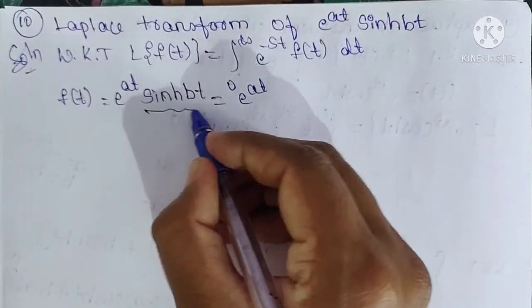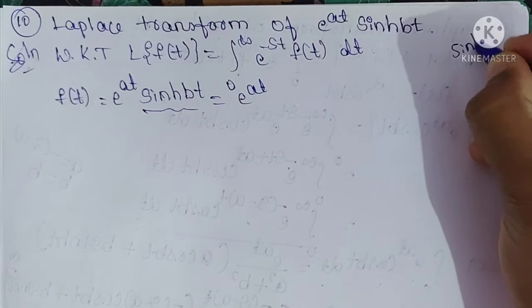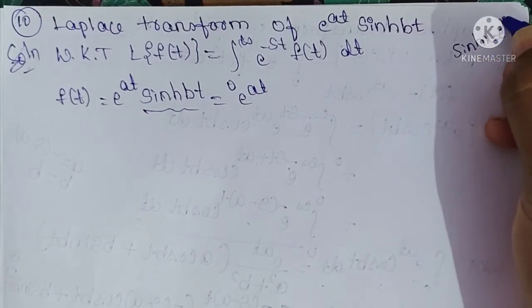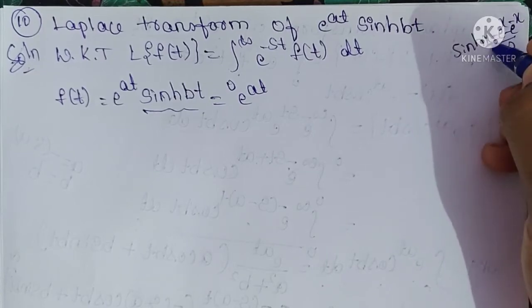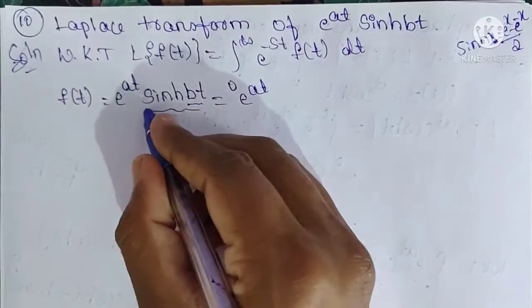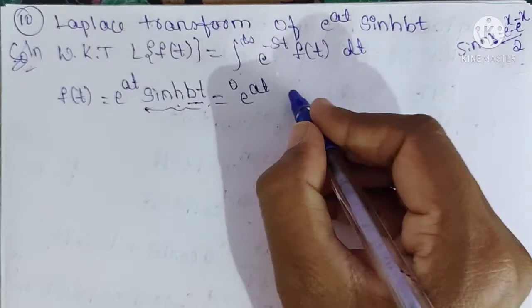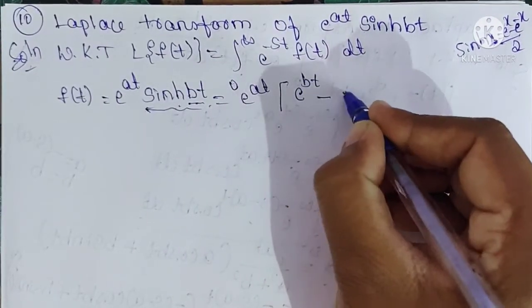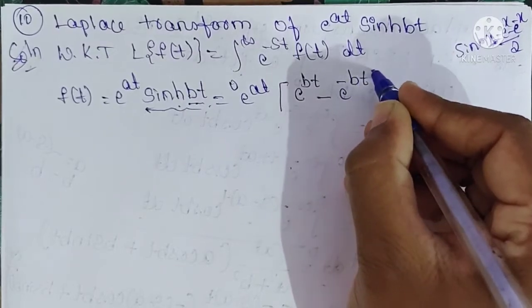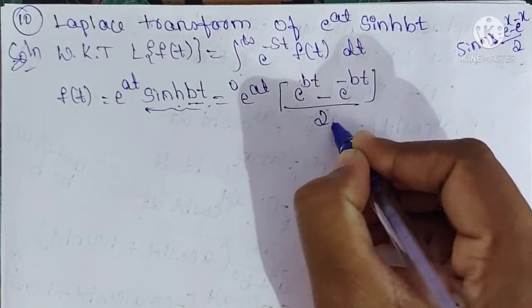Sin hx is e power x minus e power minus x divided by 2. Here in place of x, bt is there, which means sin h of bt can be written as e power bt minus e power minus bt divided by 2.